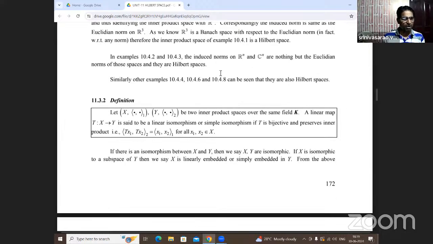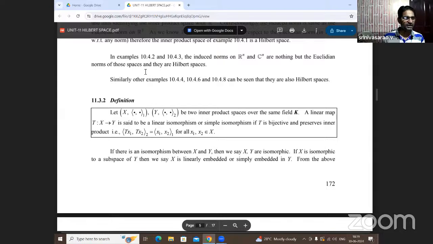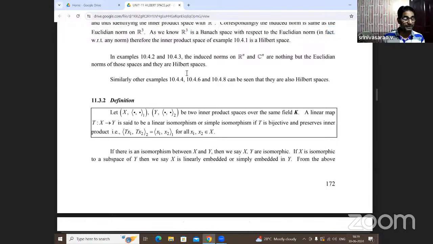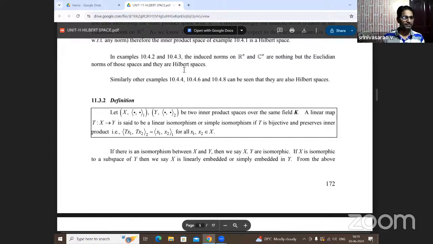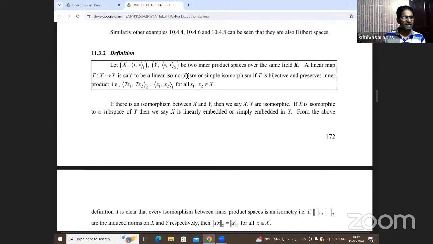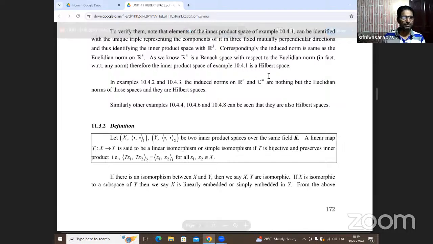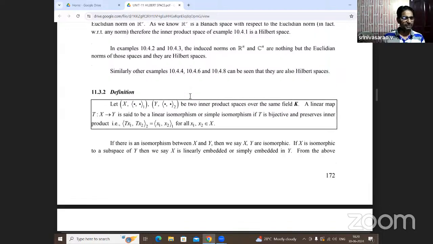The complex unitary norm means complex numbers in the inner product space. The fourth, sixth and eighth examples of inner product spaces are also Hilbert spaces, for the Euclidean norm and complex norm. The n-tuples of real numbers and n-tuples of complex numbers are inner product spaces, and they also belong to Hilbert spaces.